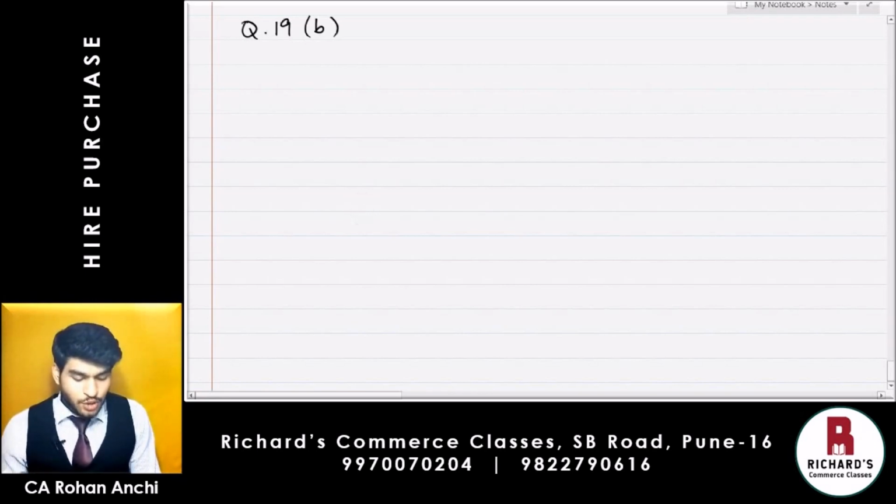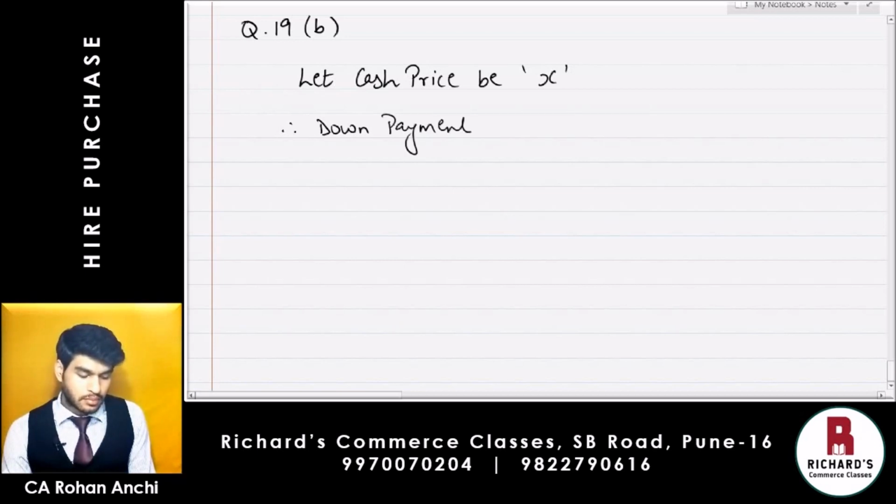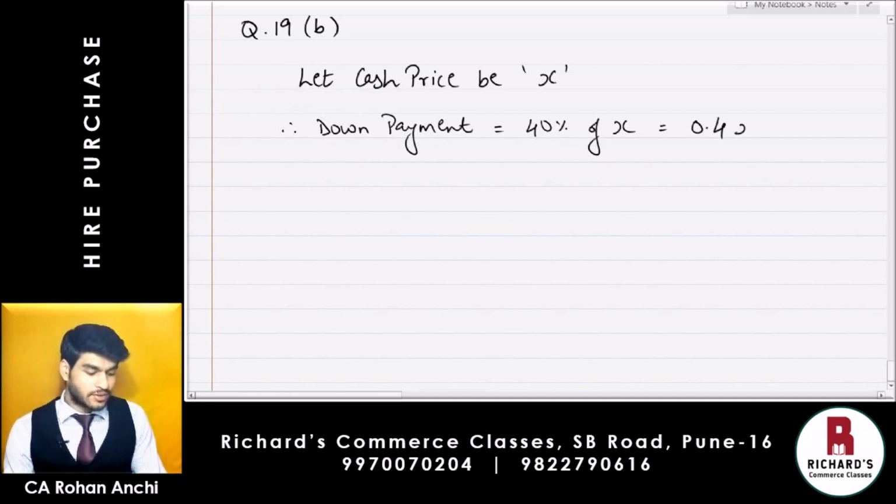So let's assume cash price to be X, because we have to find out the cash price. Let cash price be X. In the question it is given that down payment is 40%. So therefore down payment will be 40% of X, which is nothing but 0.4x.